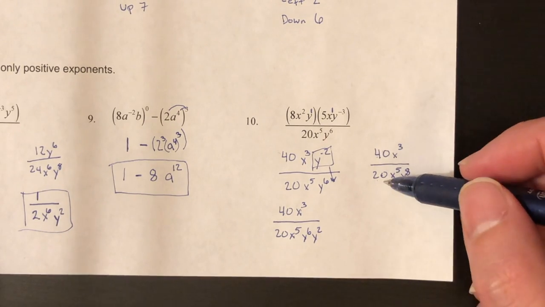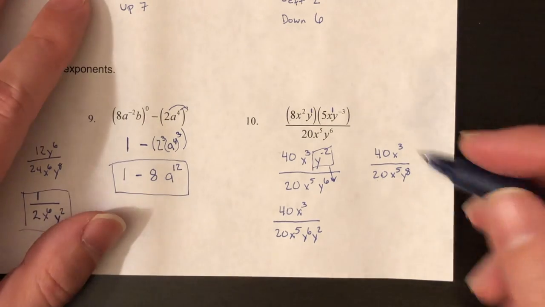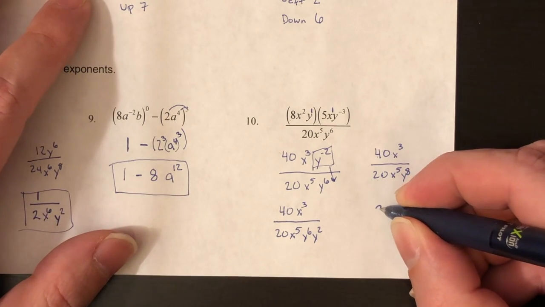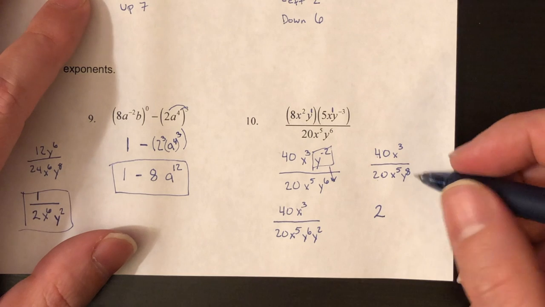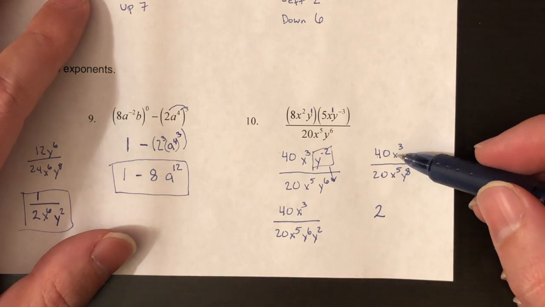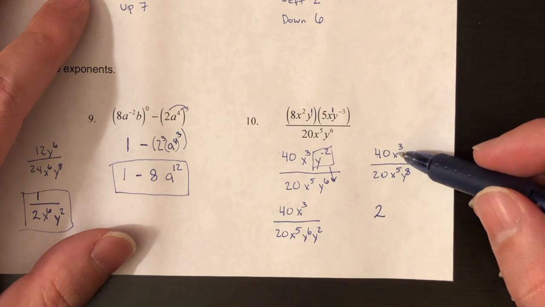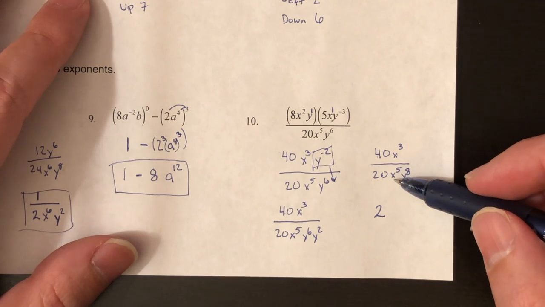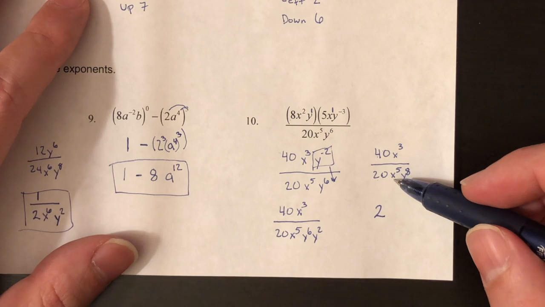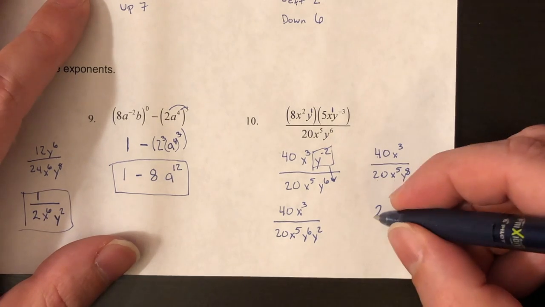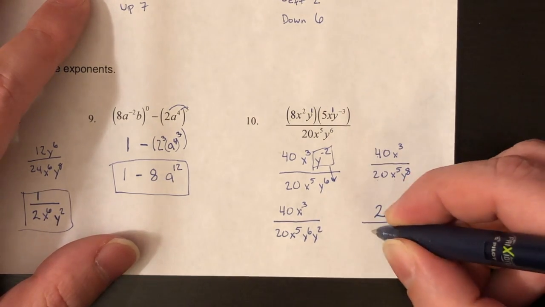And now this is going back to what we did in question 8, where your coefficients divide. 40 divided by 20 is 2. Now, I've got x's on top and x's on bottom. The one with the higher exponent is found on bottom, so that's where the x's are going to stay, on bottom.